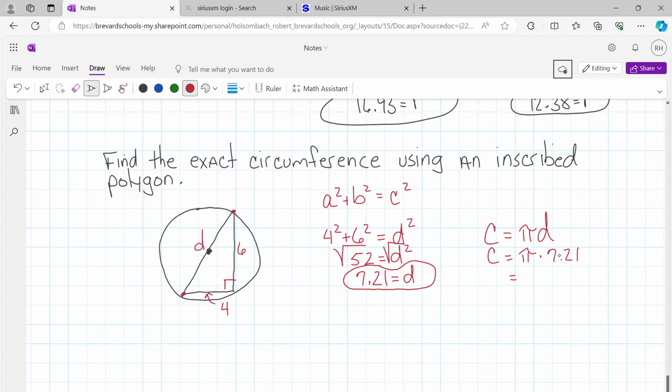So while that 7.21 is sitting on your calculator, push times, push the pi button, and hit equals. And you should get 22.65. All right, so we're going to adjust these directions a little bit. Exact circumference, we're rounding here to 2 decimal places, so our circumference is equal to 22.65.